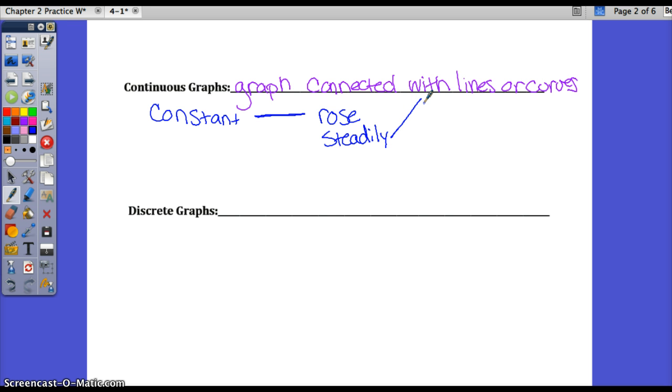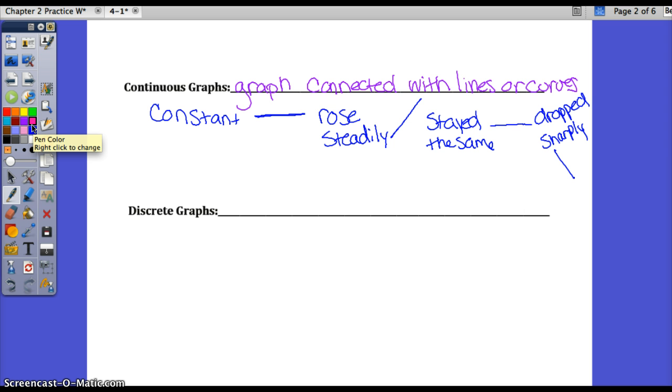There's no break. If it stayed the same, it's not going to go up or down. It's just going to be going straight. And if it drops sharply, it was up and it went boom, dropped very sharply. Those are some examples of continuous graphs.